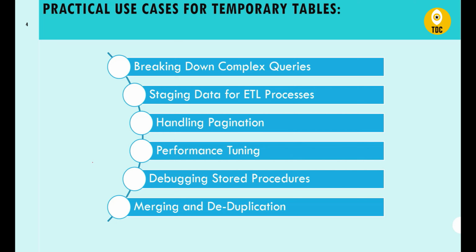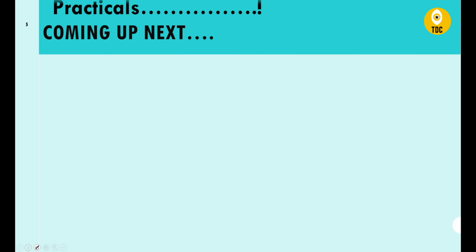So you can perform a union, and during the union you can combine the two data sets, which are temporary tables, right? These are the different use cases, so we can see the practicals of it in detail.